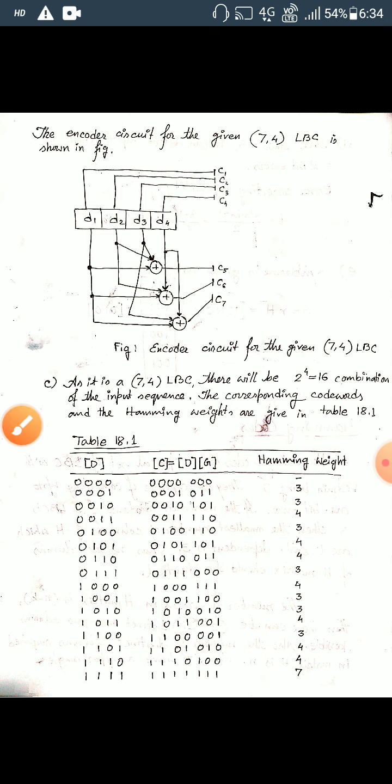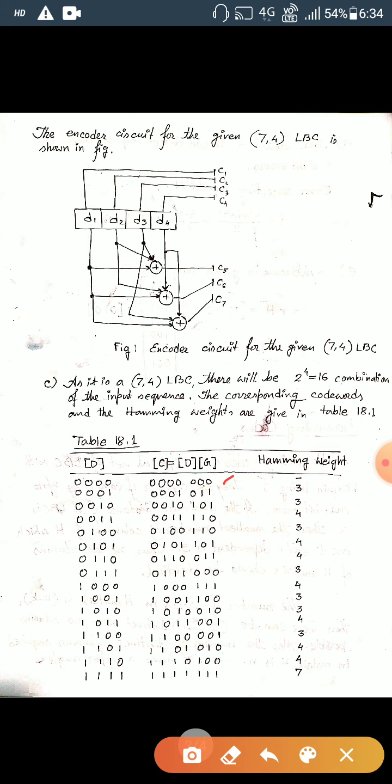Now at the transmitter side, for the generated code word, how many ones are present in that code word, on that counting you can find the Hamming weight. So the first one needs no calculation, because here no one is present. Now for the second one, for the message 0001, the code word is 0001011. So for this code word the number of ones is 3, so the Hamming weight is 3. Same way, for the message 1011, the code word comes as 1011001. So how many ones are there, this is 4.